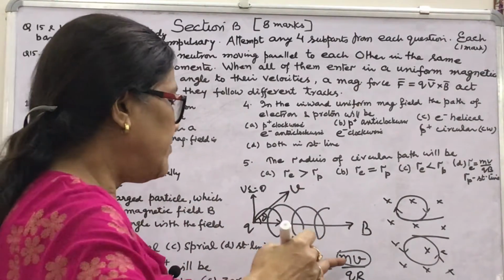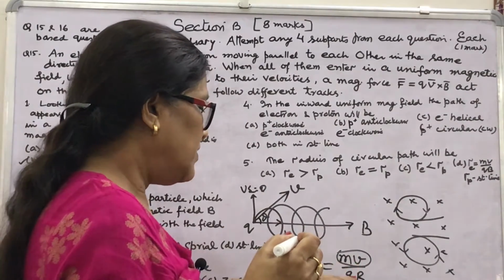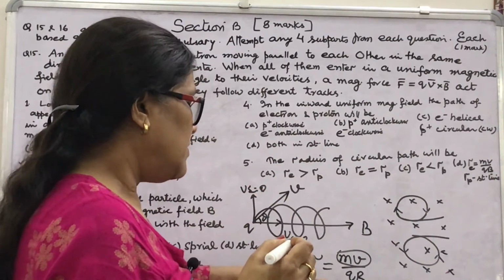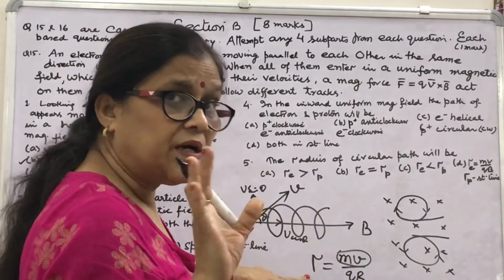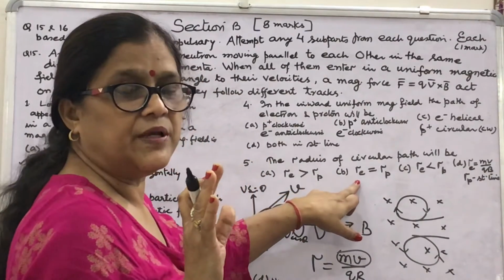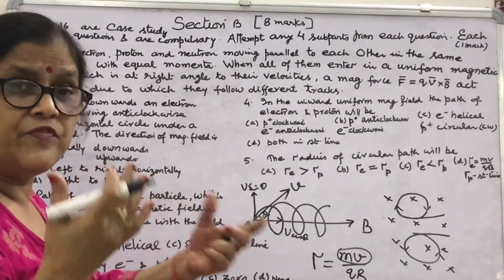So the momentum for both particles is the same. Therefore, the charged particles, electron and proton, will have the same radius of circular path. Which option is correct here? Again B.